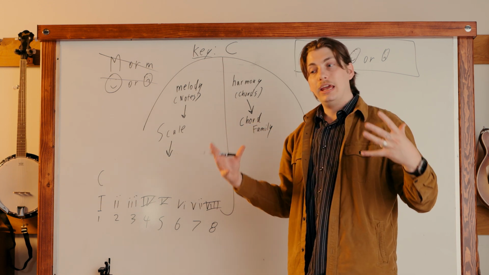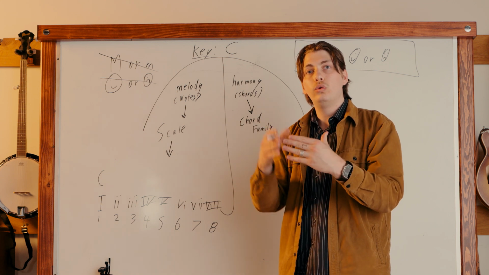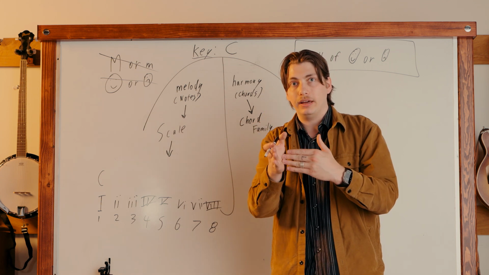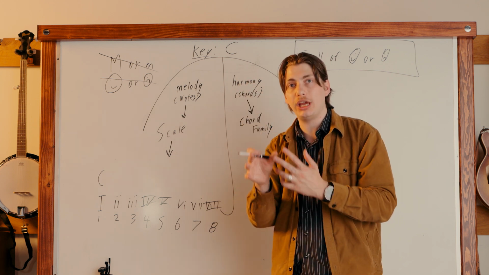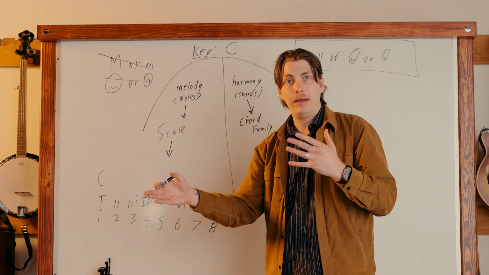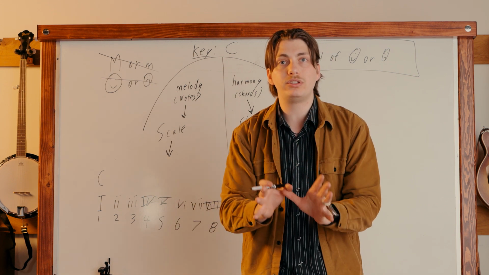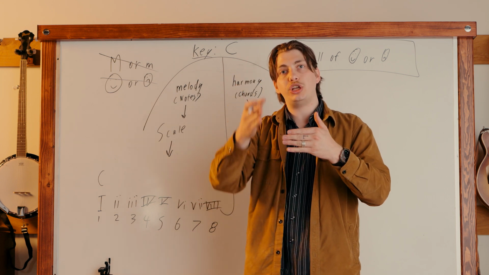In music theory, the alphabet only goes to G. So it goes A, B, C, D, E, F, G, and then it starts over and goes back to A. So in the music alphabet, we only go to G.